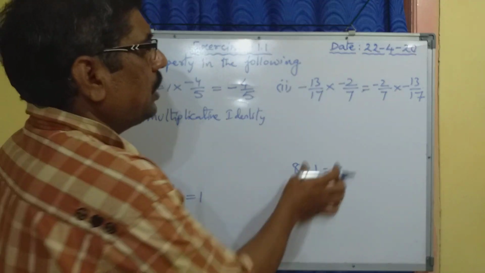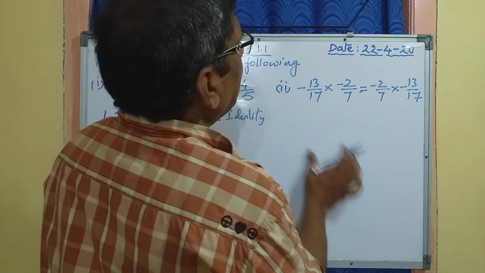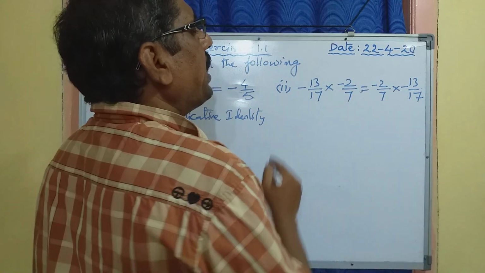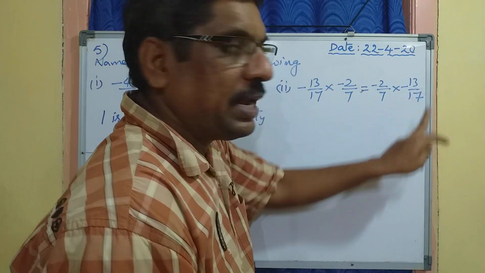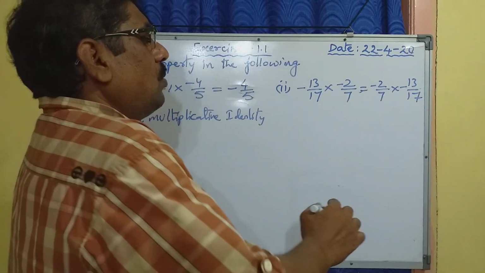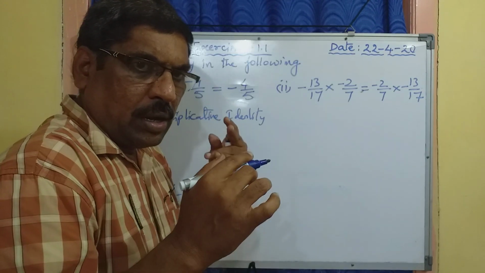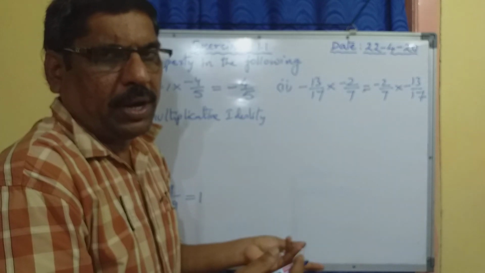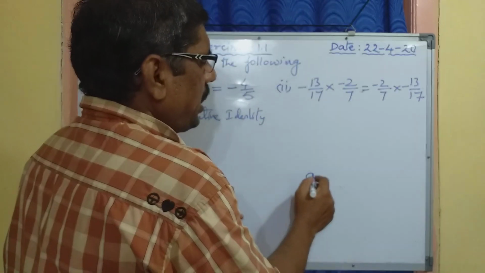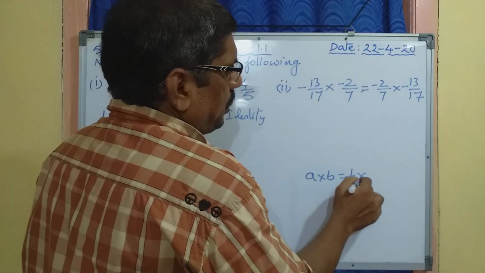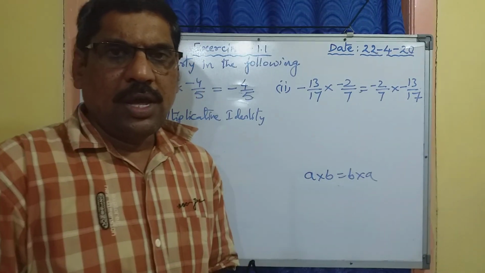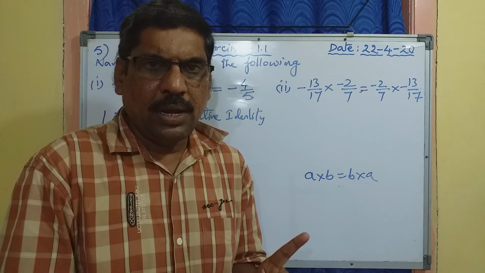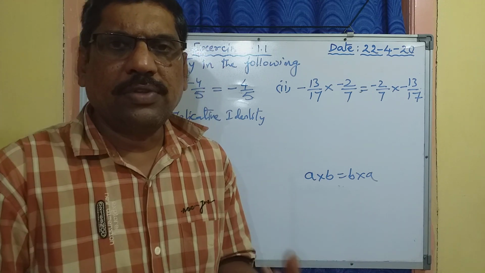Now look at this. In this one, minus 13 by 17 into minus 2 by 7 is equal to minus 2 by 7 into minus 13 by 17. Now let us recall the definition or property of rational numbers. A into B is equal to B into A. For any two rational numbers, A and B, if you multiply A and B, or B and A, you will get the same value.